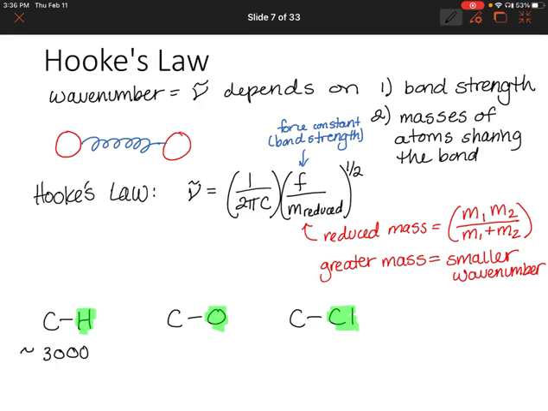So a CH bond is found around 3000 inverse centimeters. A CO bond is found around 1100 inverse centimeters, and a carbon-chlorine bond would be found around 700 inverse centimeters. So again, the greater the mass of your atoms, the smaller the wave number.